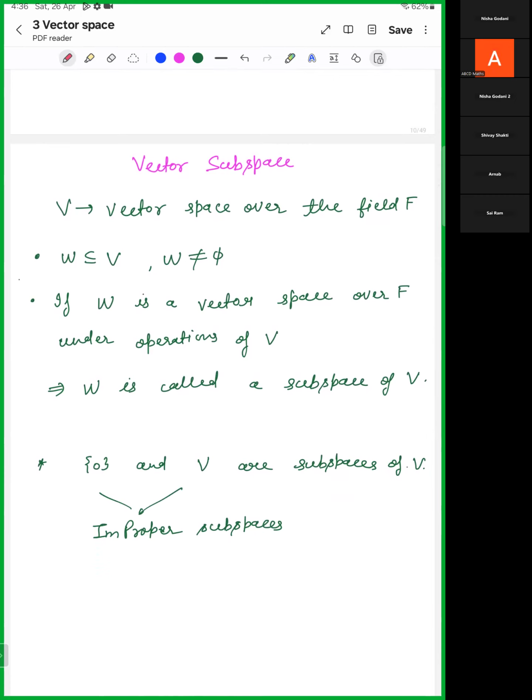Okay, Arnab. Now, what about vector subspace?